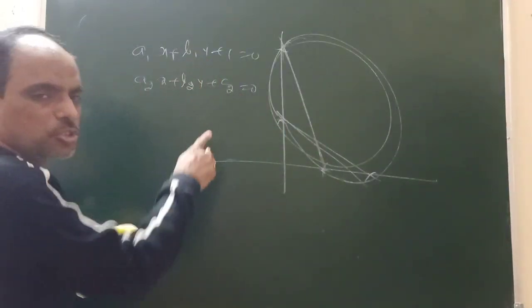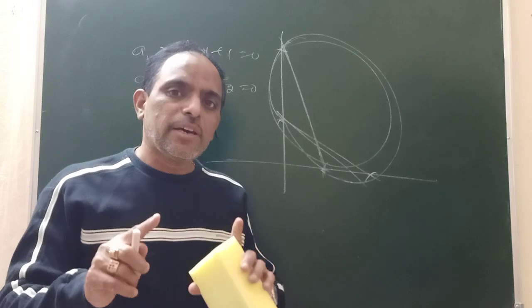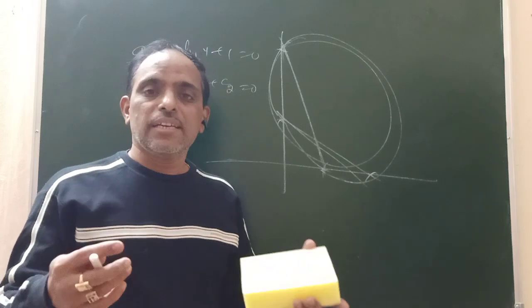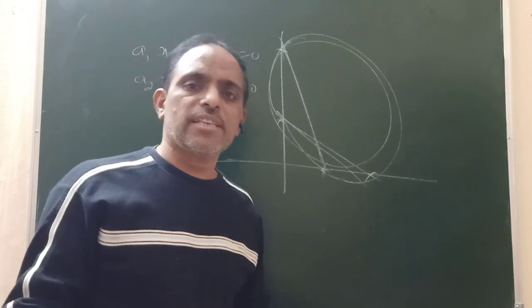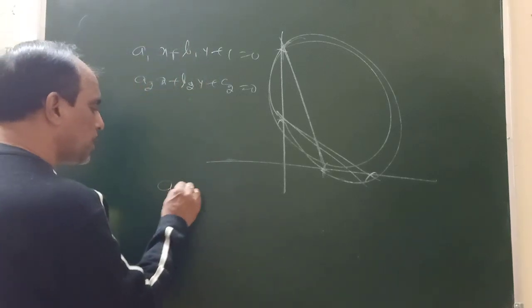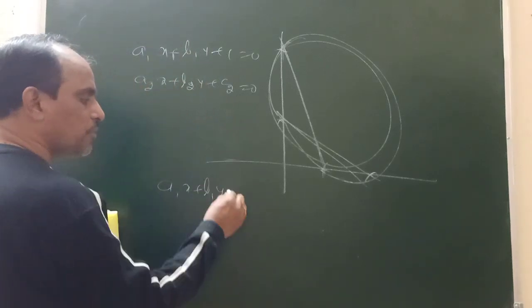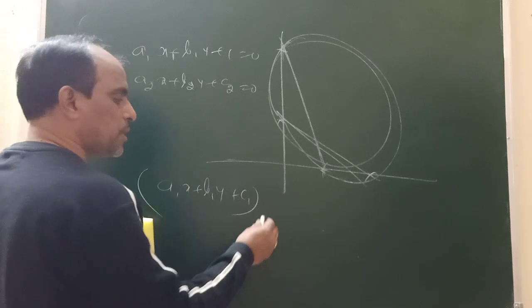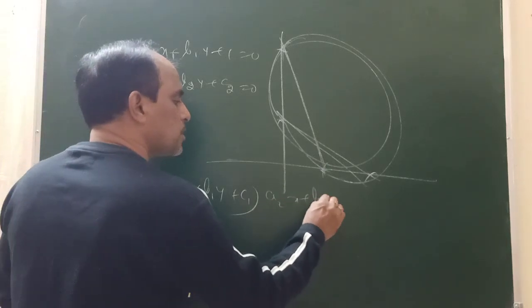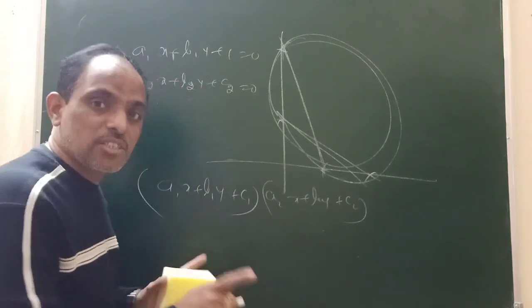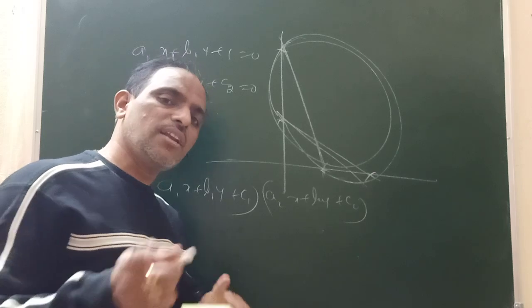Just multiply these two equations and subtract the coefficient of xy, because in a circle equation there will be no xy term. Suppose two lines are given, a1x plus b1y plus c1 into a2x plus b2y plus c2. These two lines are concyclic such that their ends are on the axes.